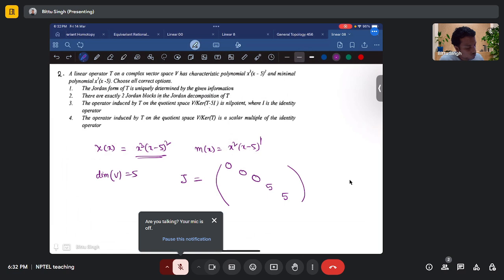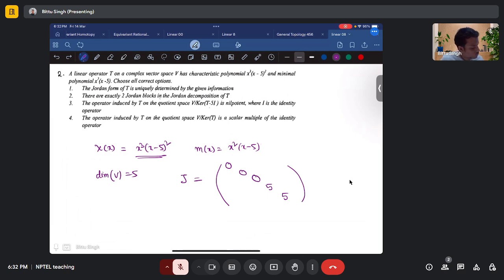So this is the Jordan block for 5. Now, the largest size of Jordan blocks for 0 is actually 2. So one Jordan block corresponding to 0 must be of size 2. So let me give the first block as 2.